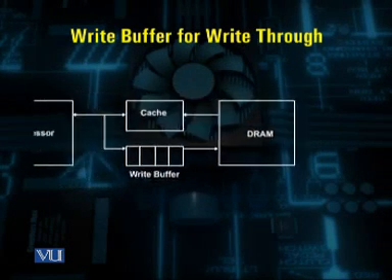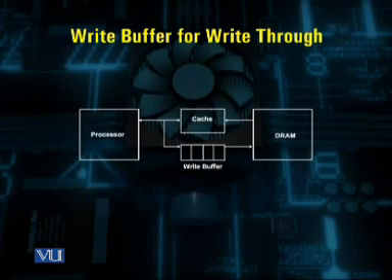Therefore, a write buffer is needed between the cache and the memory to reduce the memory write stalls. A common optimization for write stalls during the write-through is the use of a write buffer.